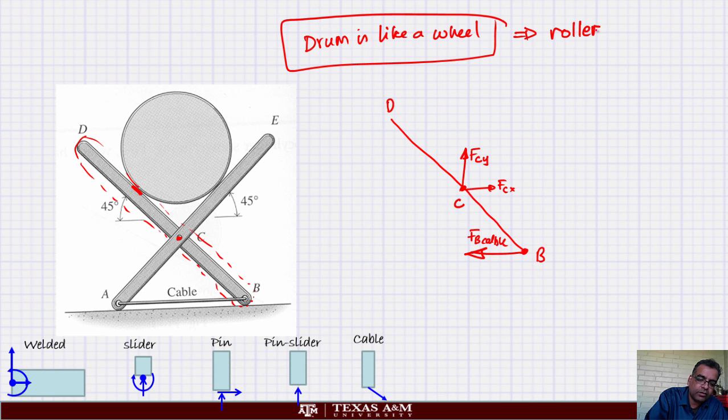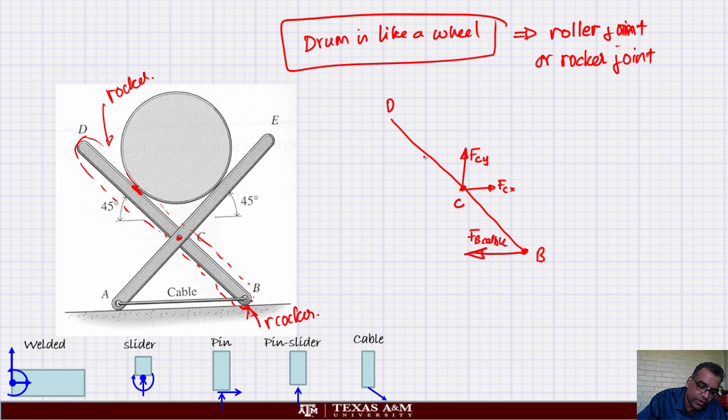The kind of joint is called a roller joint or rocker joint. And just to get you an idea, rock and roll are the same in this. Okay, so what happens is this joint is also a rocker. This is also a rocker.